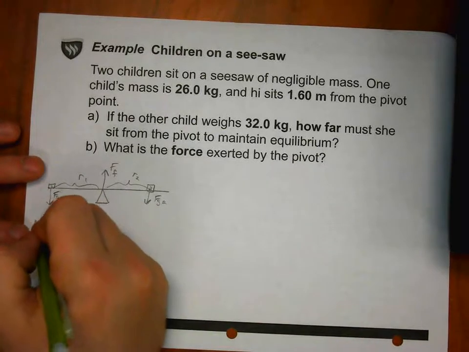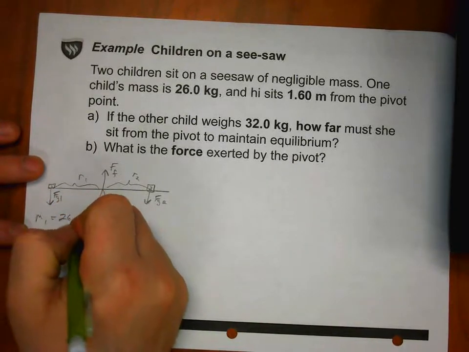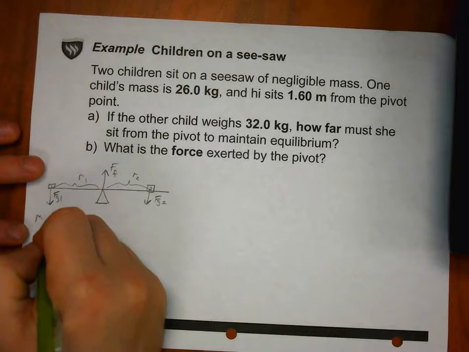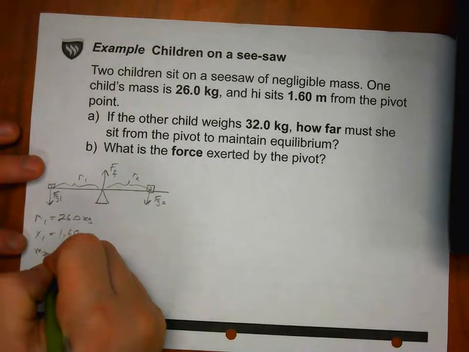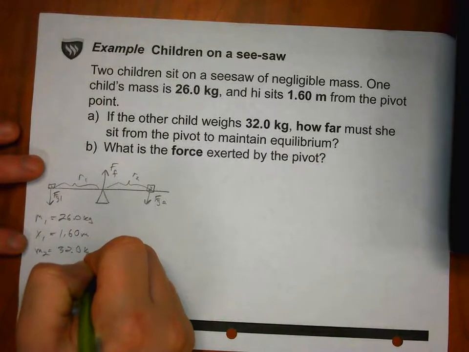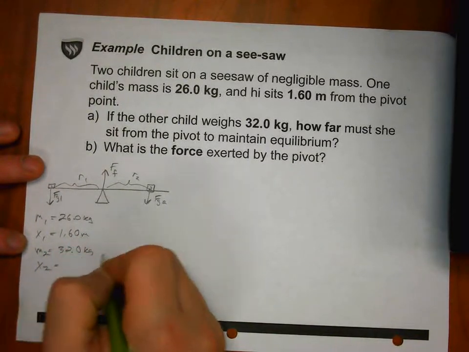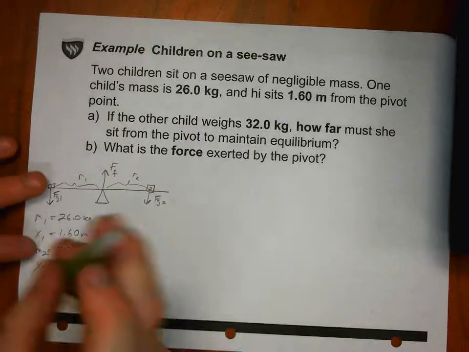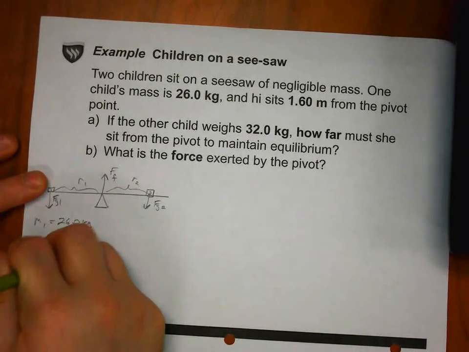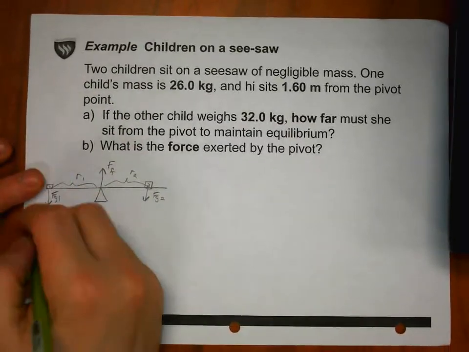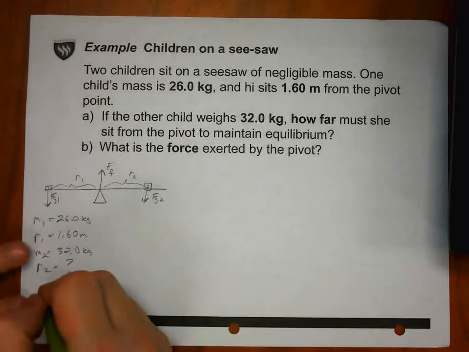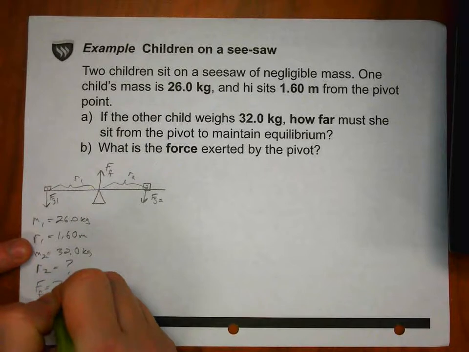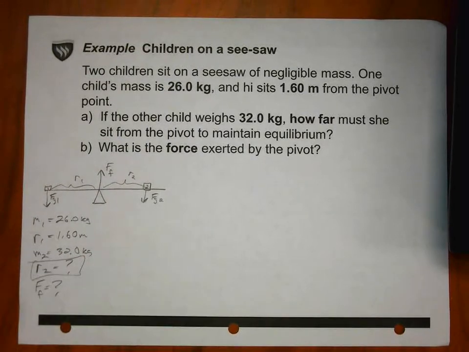We'll write down the things we know. M1 equals 26.0 kilograms. X1 equals 1.60 meters. M2 equals 32.0 kilograms. X2 equals, we don't know that. Actually, I'm sorry, I should have used R. And the force of the fulcrum, we also don't know what that is, but we're looking for that.